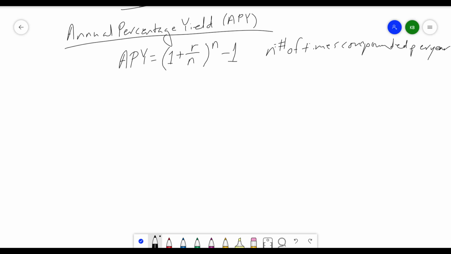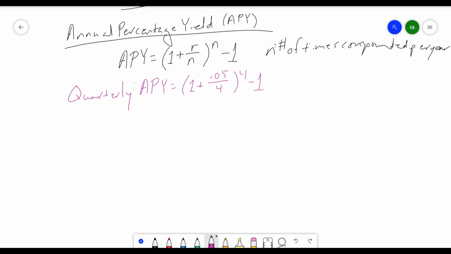For my quarterly, the APY is going to be 1 plus, my rate was 0.05 divided by 4, raised to the 4th power, minus 1.